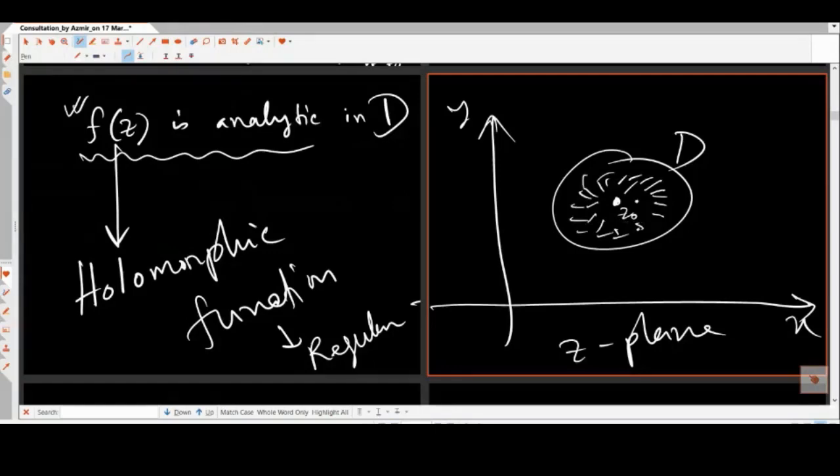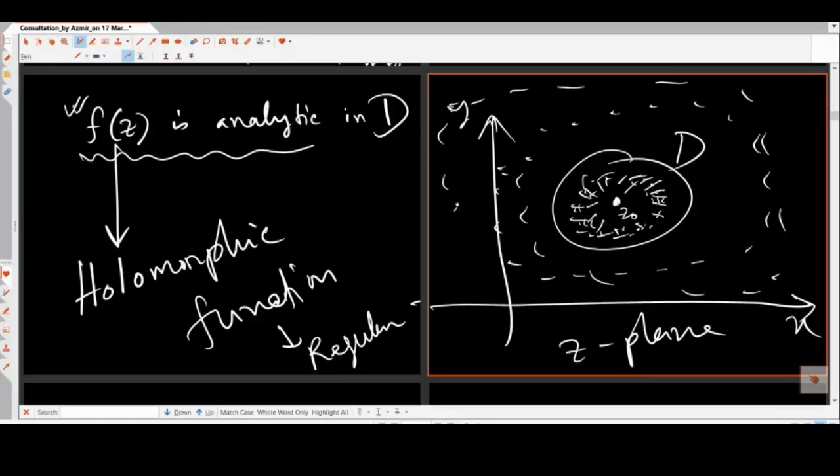That means the function is differentiable at all points inside this circle. Then it is called analytic or holomorphic or regular. But if the function is also differentiable at all points in the complex plane, then that function is called an entire function.